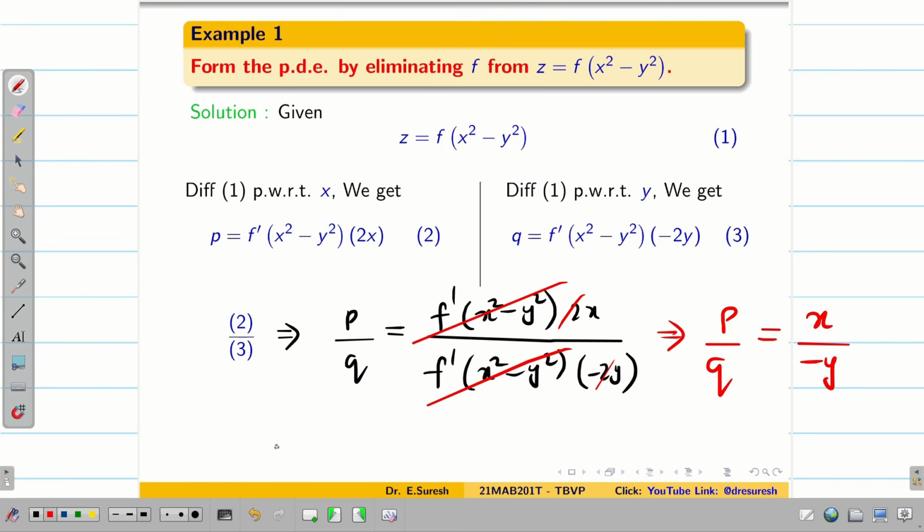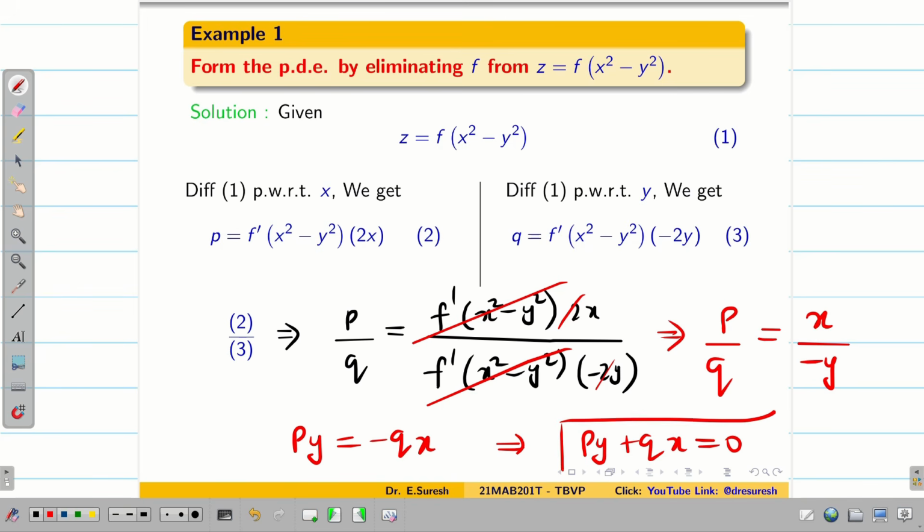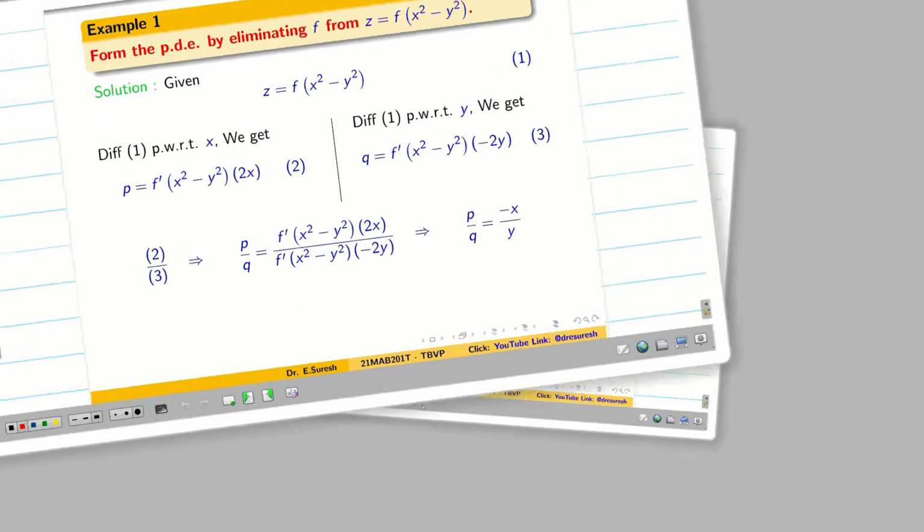When you cross multiply, we get py is equal to minus qx. Therefore py plus qx equal to 0. This is my required partial differential equation. We achieve this by eliminating the function f of x square minus y square. Hope you understand, students. Next question.